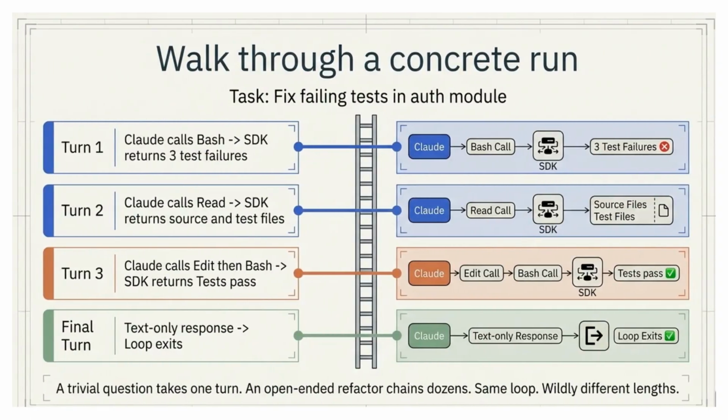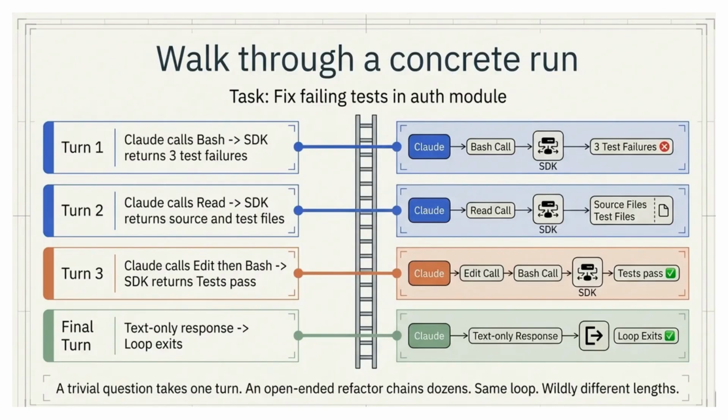On turn 1, Claude calls bash to run the test suite. The SDK emits an assistant message carrying that tool call, runs the command, then emits a user message with the output, 3 failures. On turn 2, Claude calls read on the source file and the test file, and the SDK returns their contents. On turn 3, Claude calls edit to patch the source, then bash again to rerun the tests, and all 3 pass.